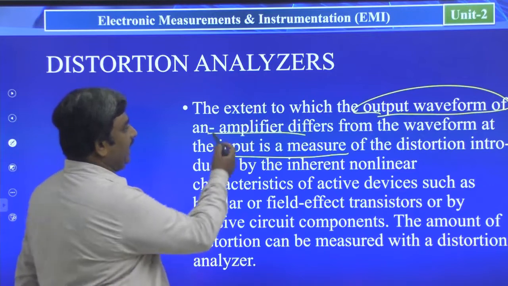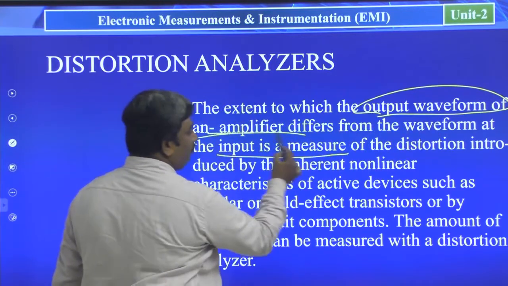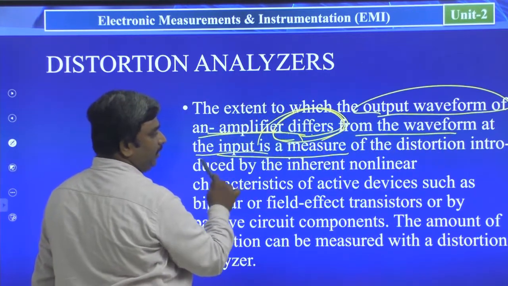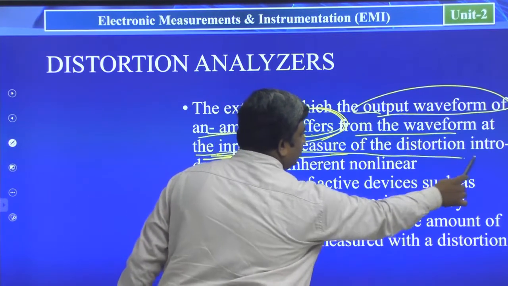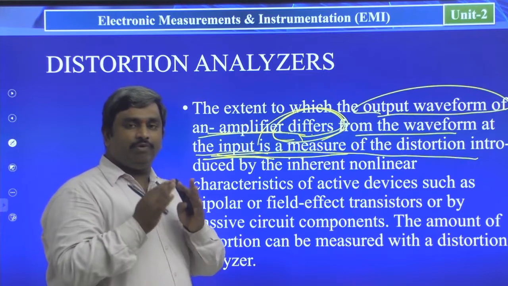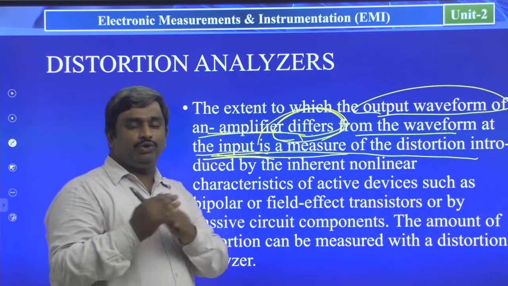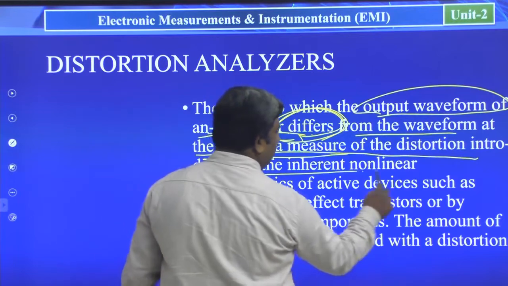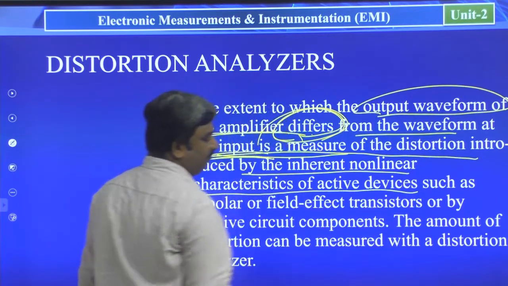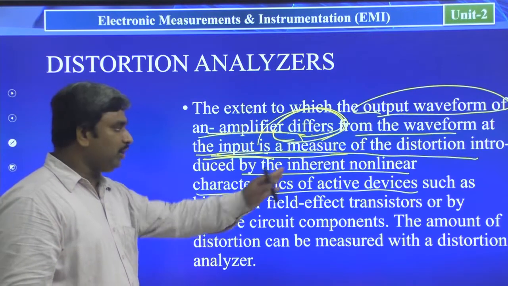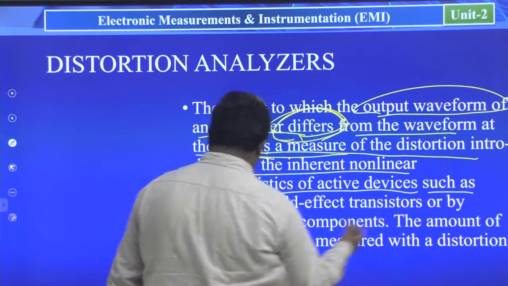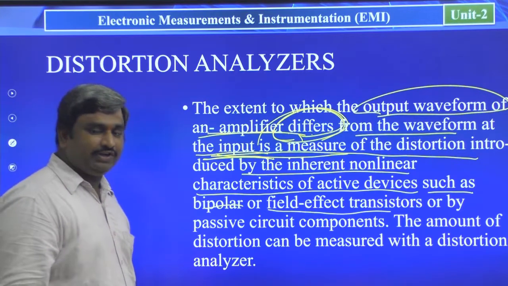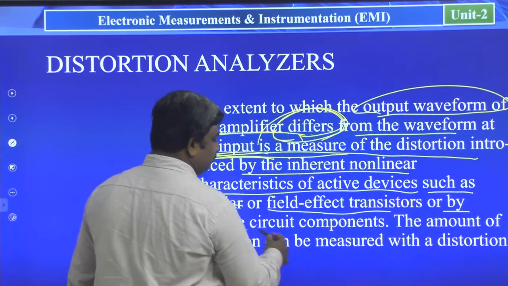How much the output differs from the input is called distortion, introduced by the inherent non-linear characteristics of active devices, such as bipolar junction transistors or field effect transistors, or by passive circuit components.